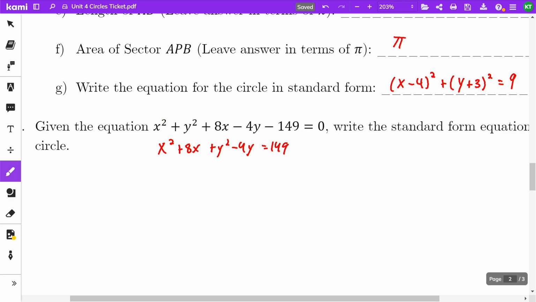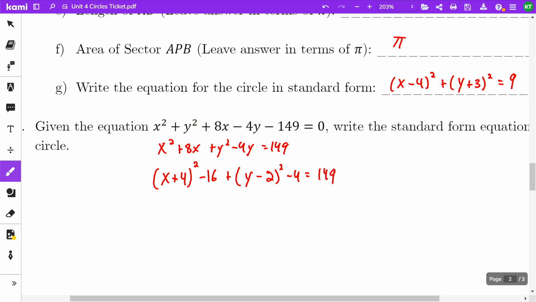So I start moving some things around here, and I'll have x plus 4 squared minus 16 plus y minus 2 squared minus 4 equals 149.